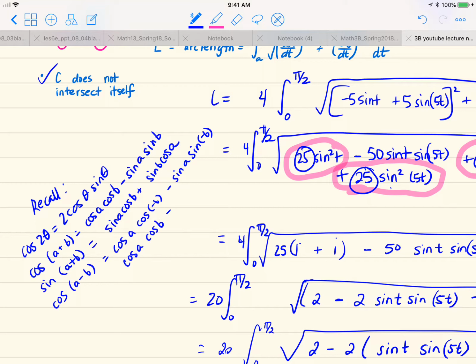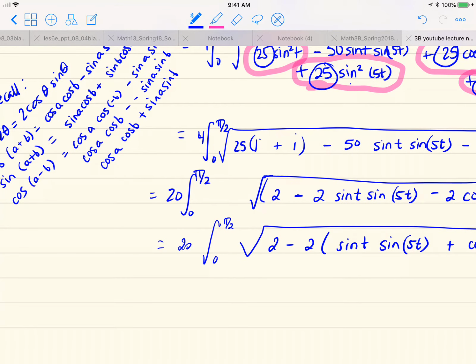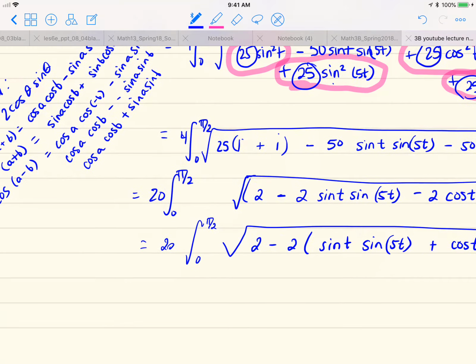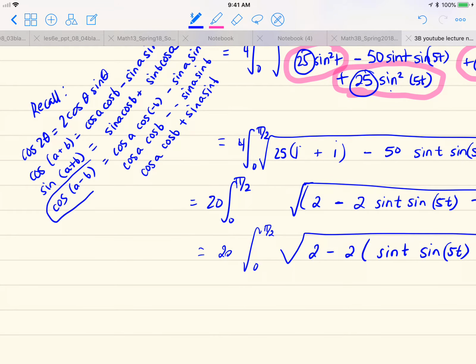And sine is an odd function, so sine of negative b is the same as negative sine b. The negatives cancel each other out, so we've got cosine a cosine b plus sine a sine b. So down here, that's what we want.